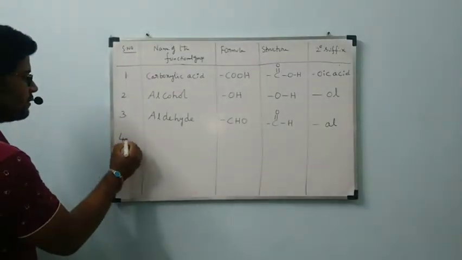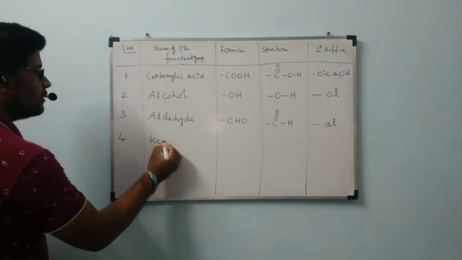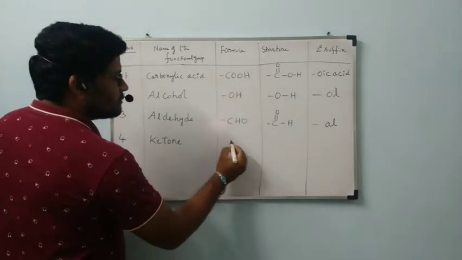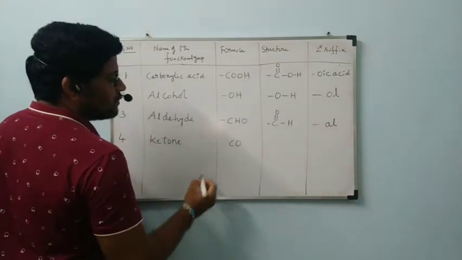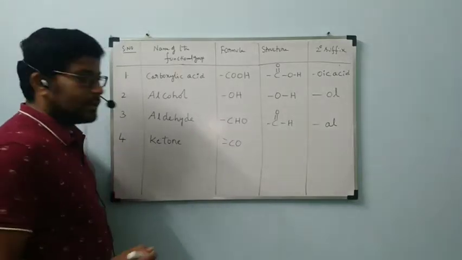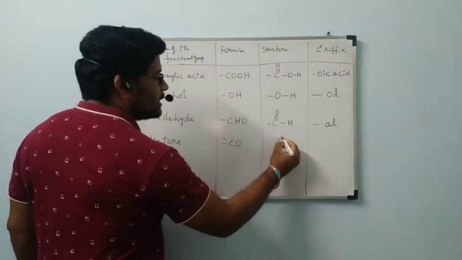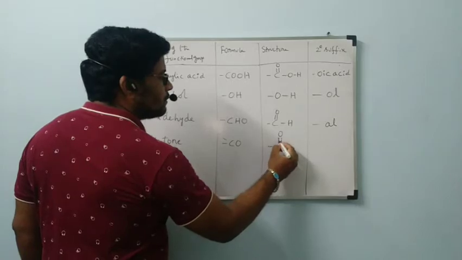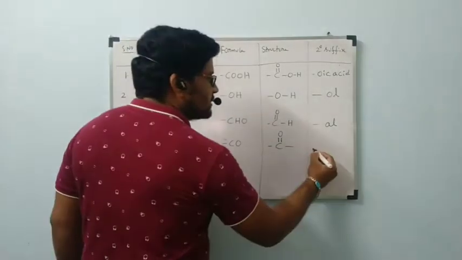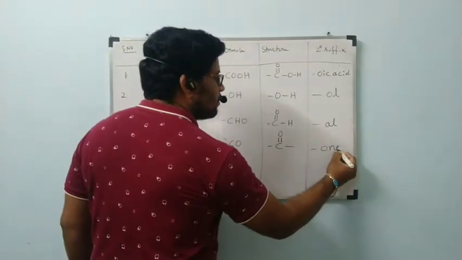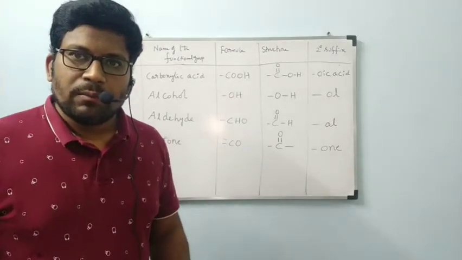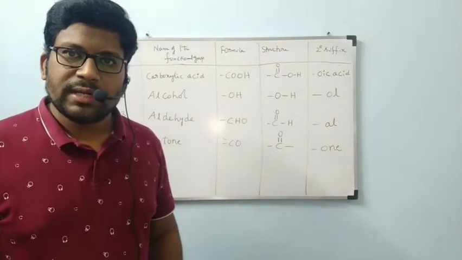Fourth one, ketone. Ketone formula CO, structure C double bond O, with a left side bond and a right side bond. That means it is bonded with carbon, R groups, alkyl groups. Secondary suffix one, propanone, butanone, like that you will get.